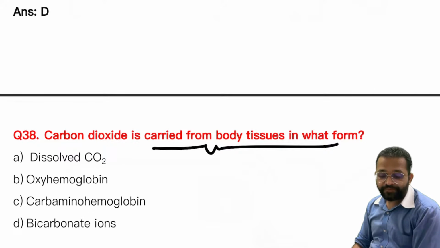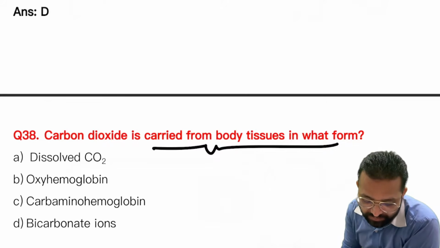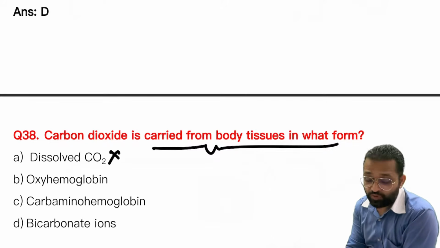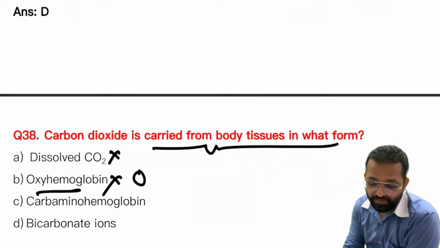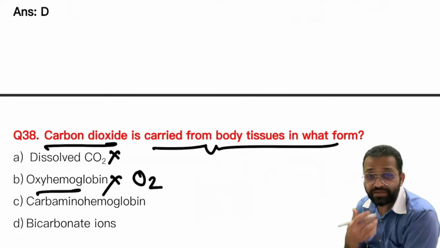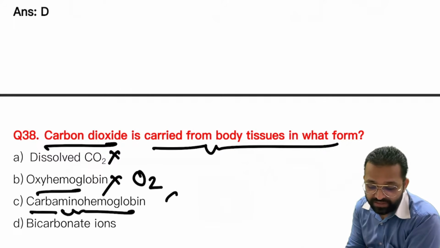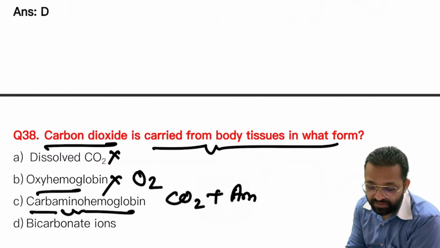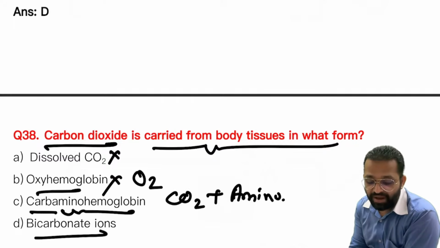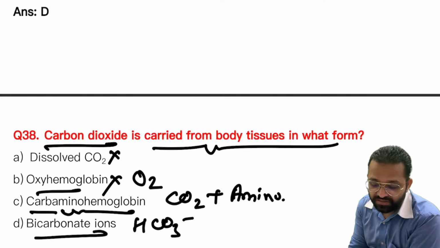Okay, dissolved carbon dioxide? No. Oxyhemoglobin? Never. It is about the oxygen, but the question is about carbon dioxide. Carbaminohemoglobin is carbon dioxide plus the amino group of the protein. Bicarbonate ion, yes, HCO3 minus.